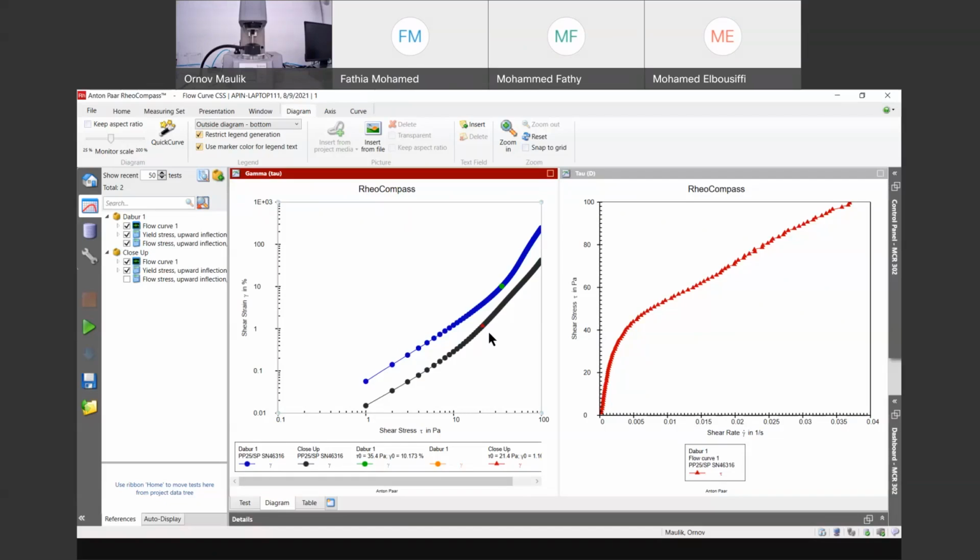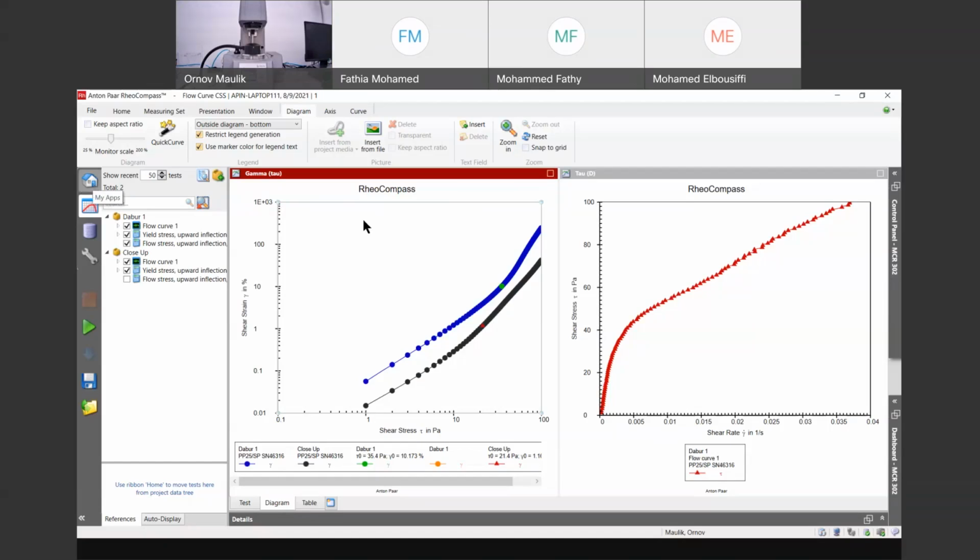That is why oscillatory tests are better than any rotational test, because they would actually tell you the elastic limit of your sample. It will tell you that this is the elastic limit, and above this particular deformation or stress, the structure present inside that sample would be completely destroyed. So even with oscillatory tests, you can determine the yield point of the sample.